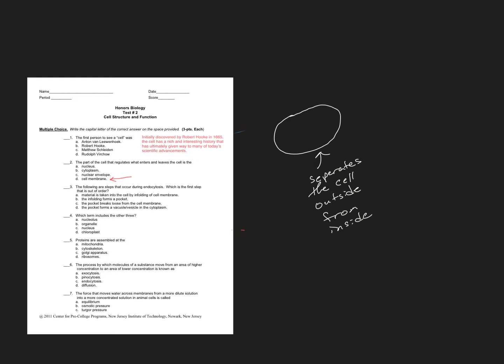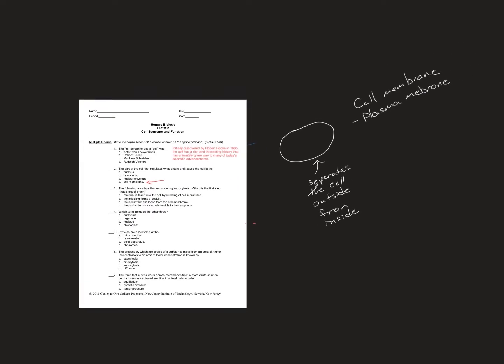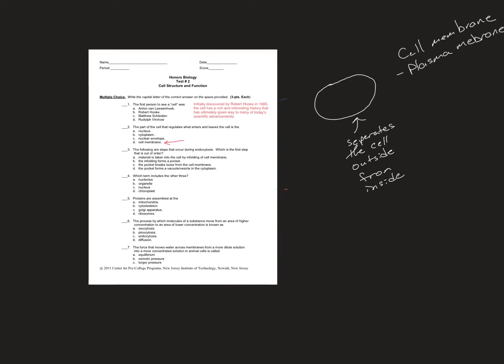Another word for cell membrane that we discussed, we also discussed the idea of plasma membrane as being an alternative term for the same structure, and is one of the organelles or structures of the cell that you had to know for the test.